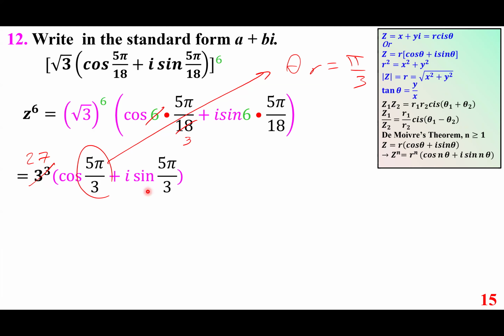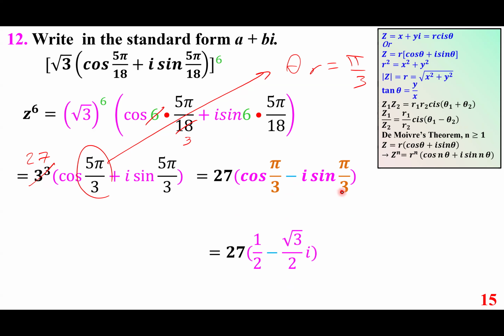But sine is negative in the fourth quadrant, so it's the same as negative sine of pi over 3. So that's why we change the sign to negative. Now for pi over 3, the cosine is 1/2 and the sine is square root of 3 over 2. So 27 halves minus 27 square root of 3 over 2 times I is the exact and final answer.